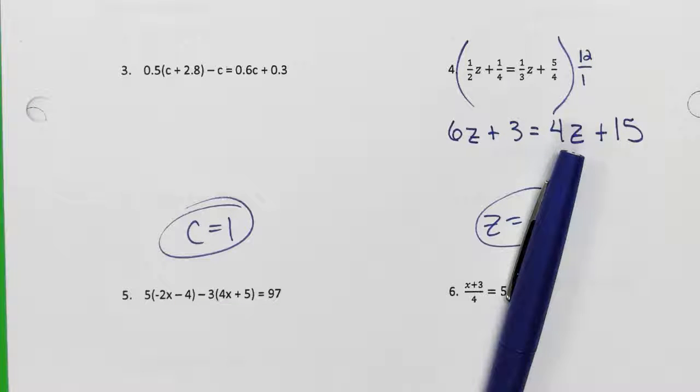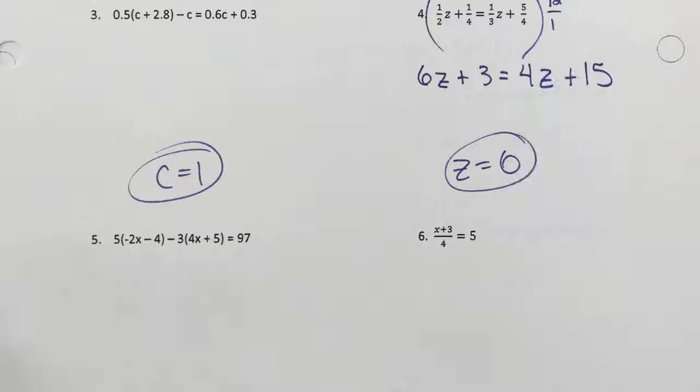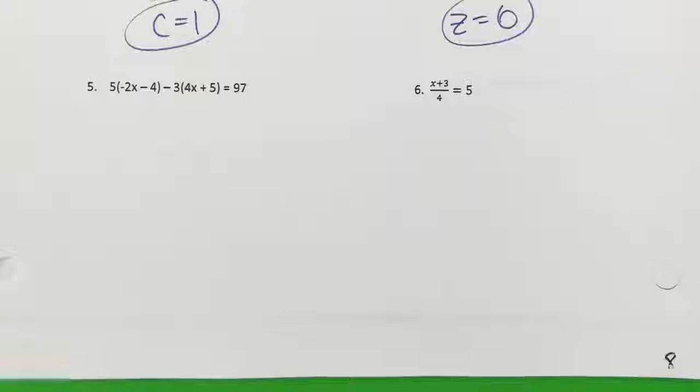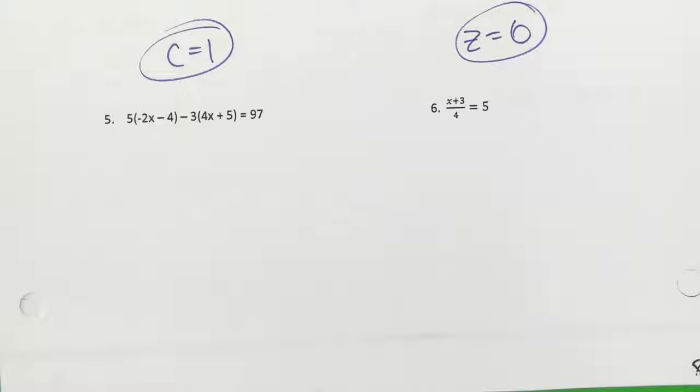Alright, how we doing? Alright, number 5. What did y'all get on number 5?